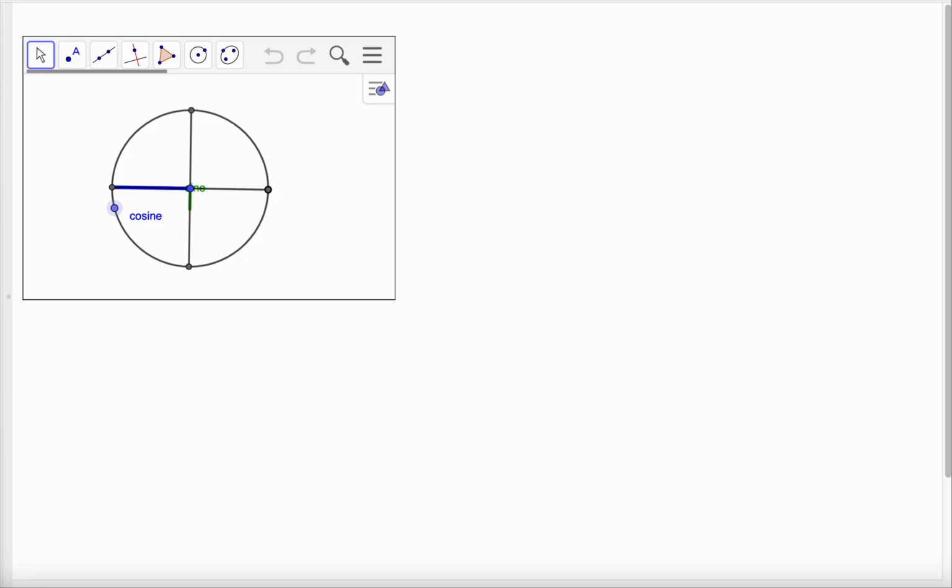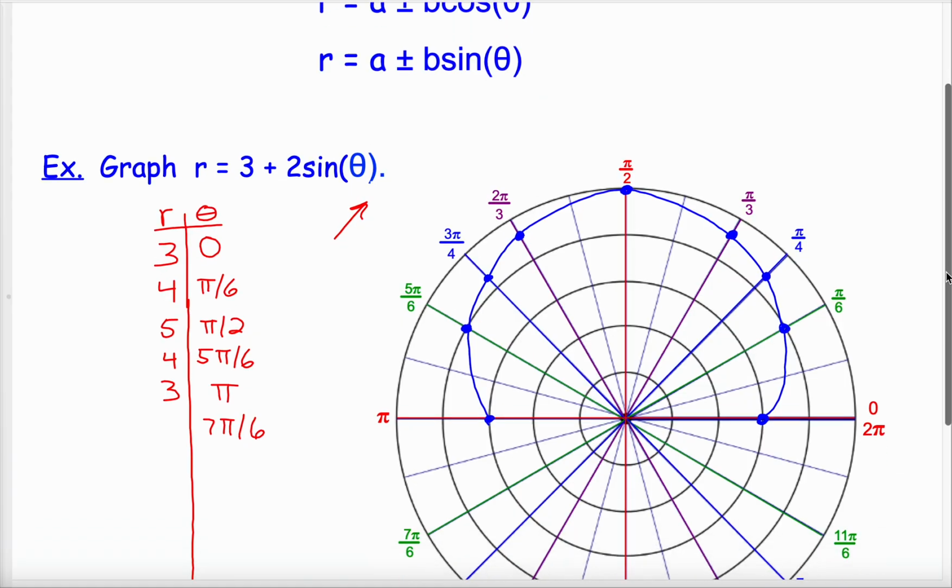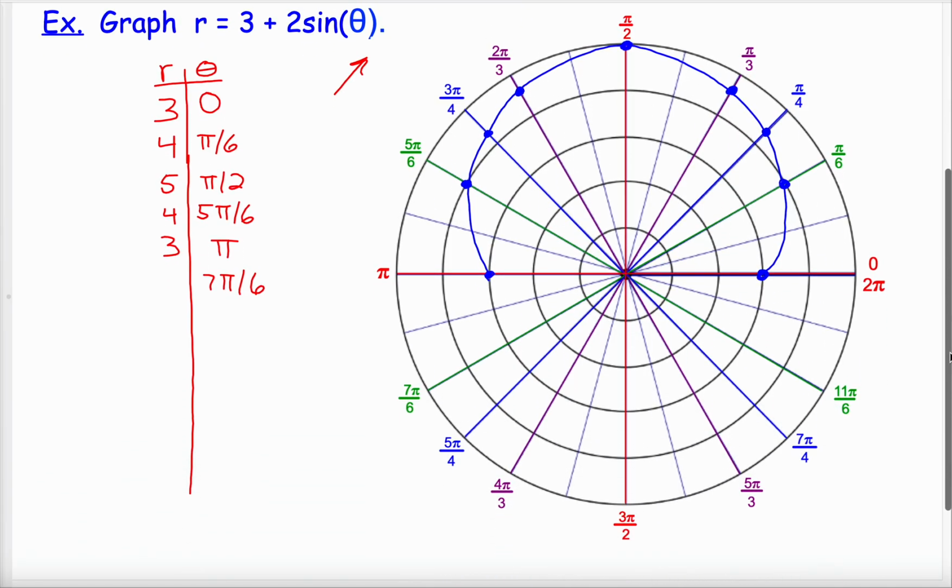So that means if I figure out the sine values in the third quadrant, they're going to match the ones over here in the fourth quadrant. And that'll help me a lot when I'm plotting points in my table. And so I can save myself a little bit of work. Okay, so at 7 pi over 6, the sine is negative 1/2, times 2 is negative 1. 3 plus negative 1, that's only 2.